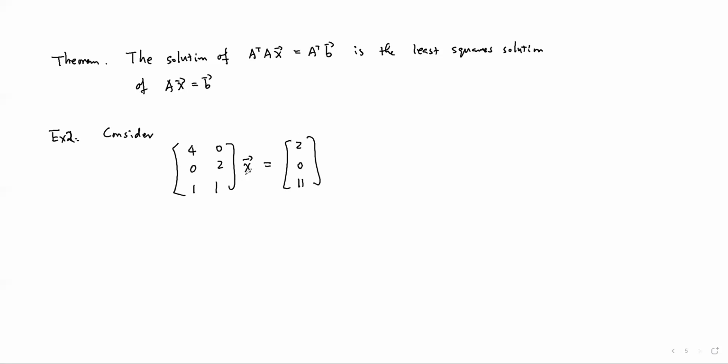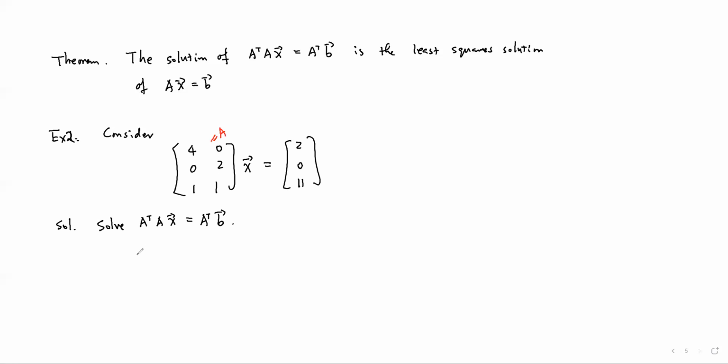Okay, now how to find x so that left side and right side have the smallest distance? According to the figure, solve this equation. The answer is to solve A transpose times A x equal to A transpose times B. Matrix A, now take the transpose.